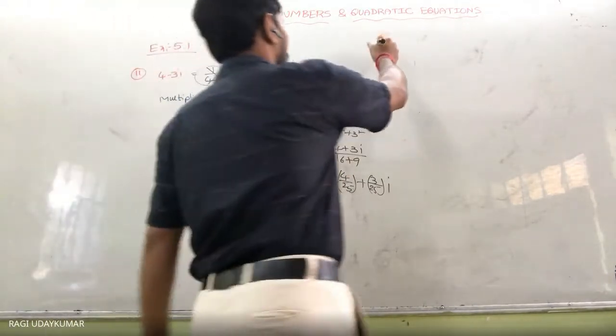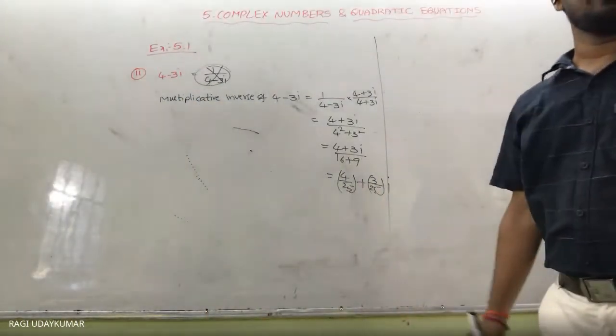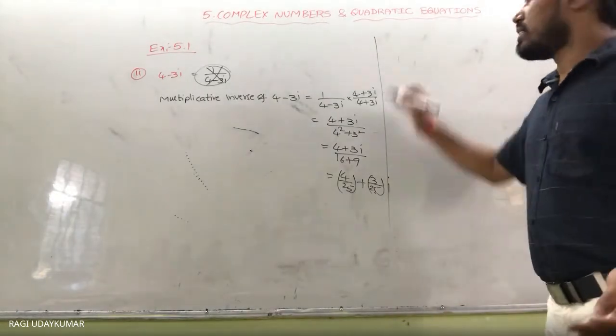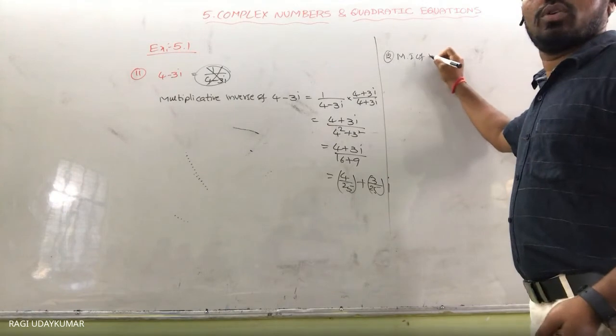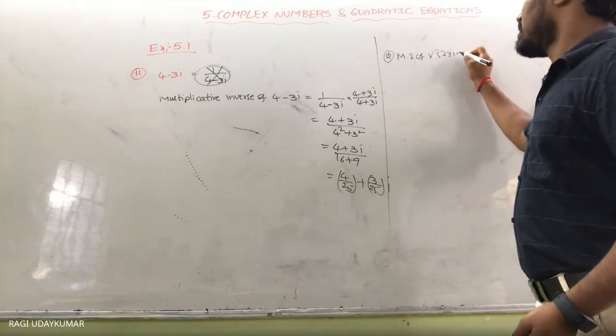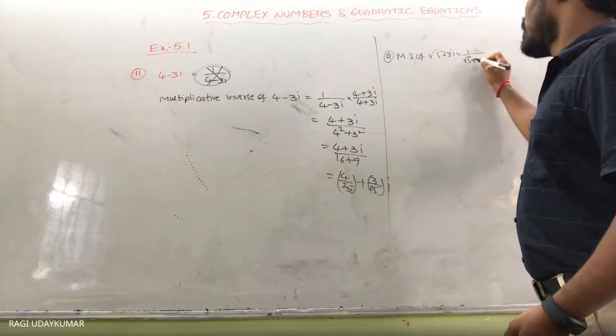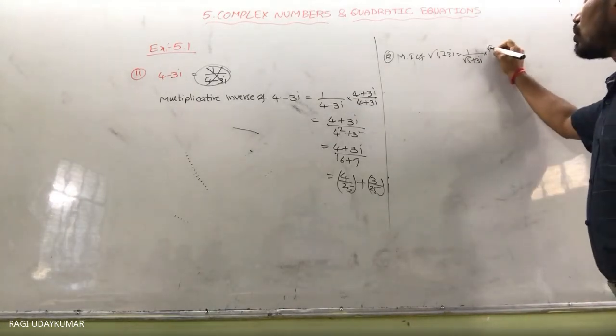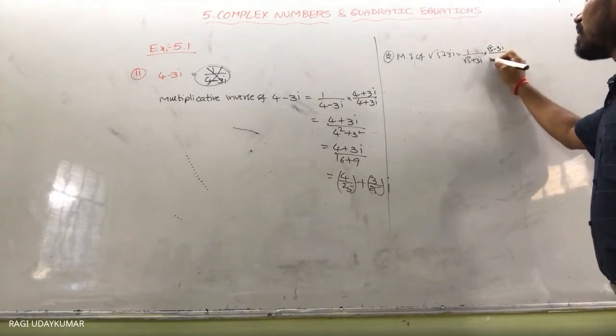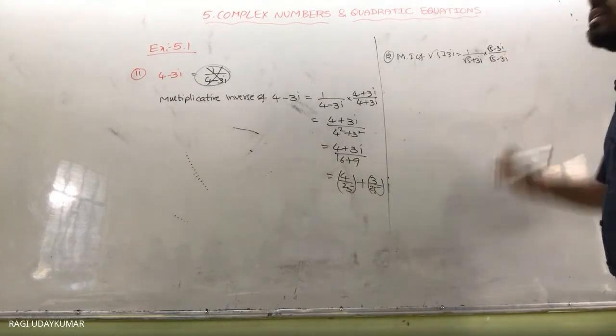Next, the 12th question is given to you. I think you can do it. It's not more difficult. What is given in the 12th? Multiplicative inverse of root 5 plus 3i is equal to 1 by root 5 plus 3i. What to do? Root 5 minus 3i should be multiplied in the numerator and denominator.